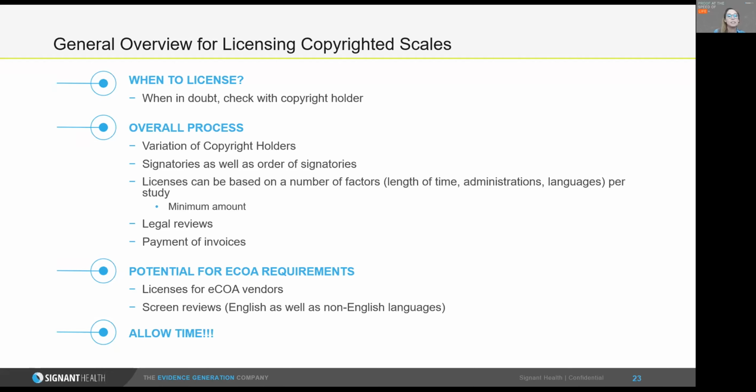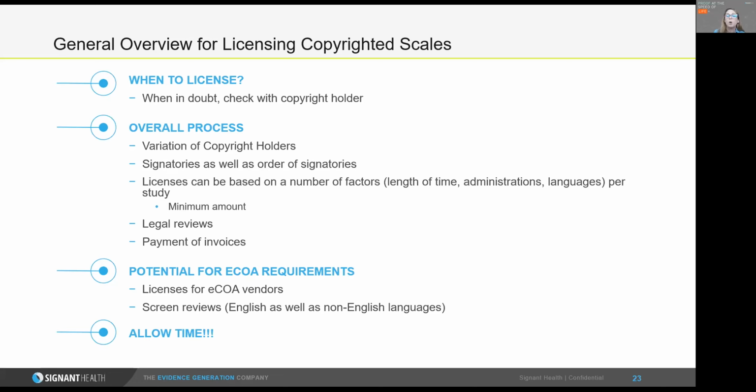So this is the biggest challenge, and I'm sure those of you on this webinar right now may have experienced it, and if you've experienced it, you know some of the heartache, that's for sure. But it does get tough. Trying to understand all of the requirements from copyright holders and put it in the correct timelines for your study. So again, going to constantly say, please allow time.